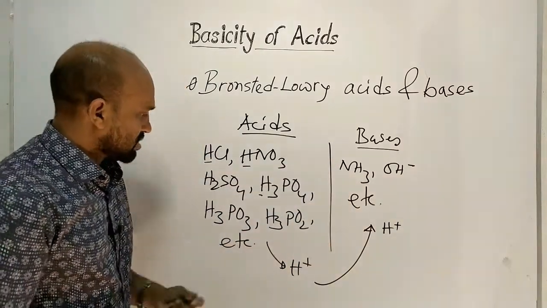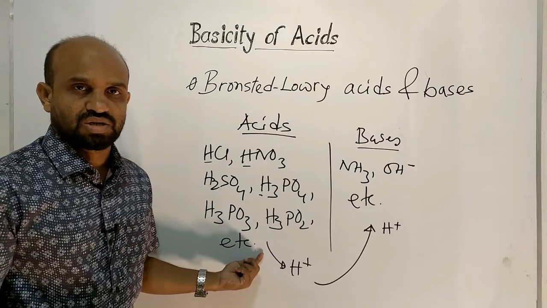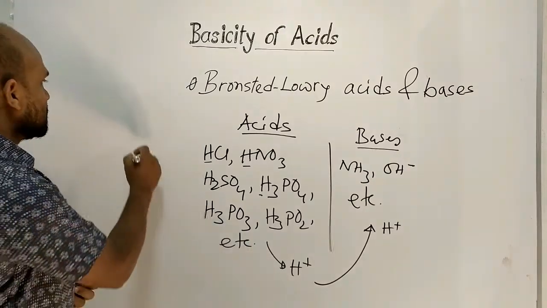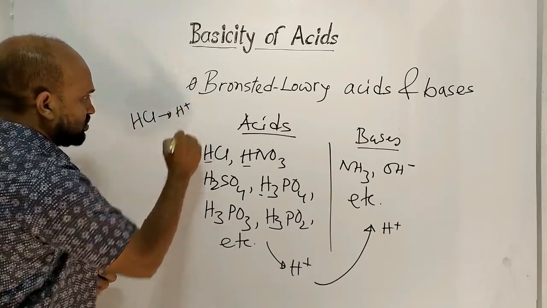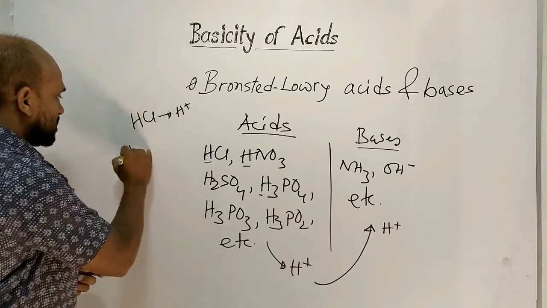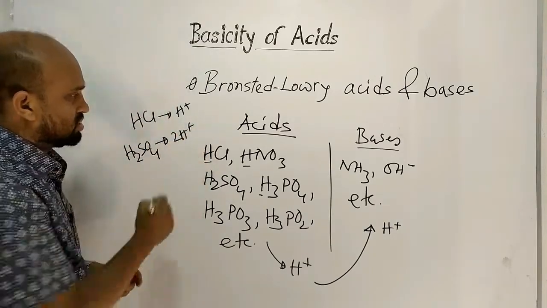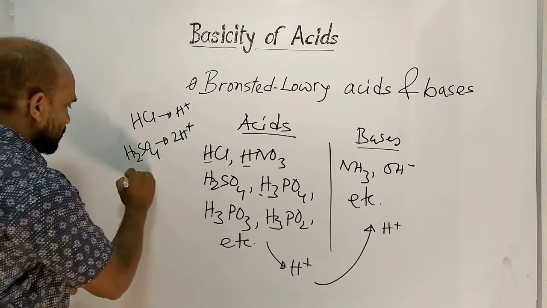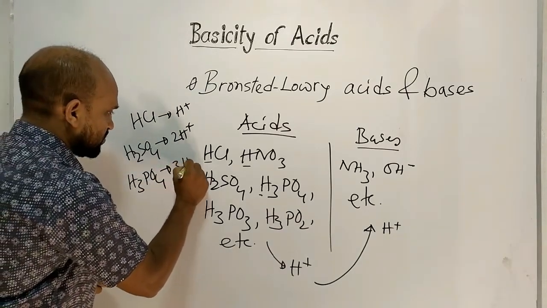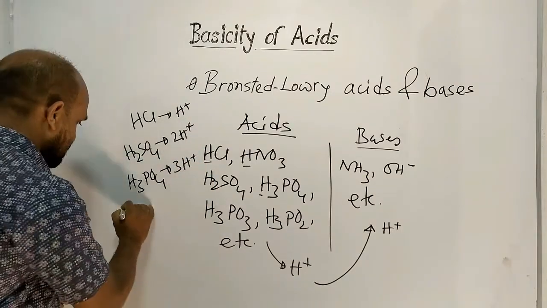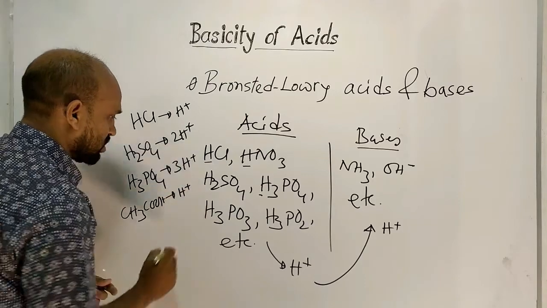Now let's see the number of protons produced from different Bronsted-Lowry acids. Hydrochloric acid produces 1 proton, sulfuric acid produces 2 protons, phosphoric acid produces 3 protons, acetic acid produces 1 proton.